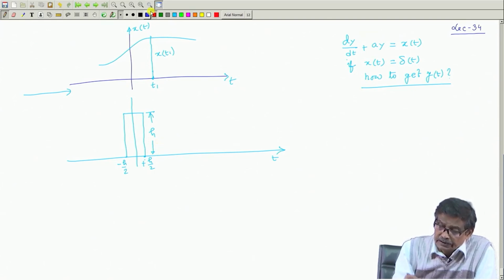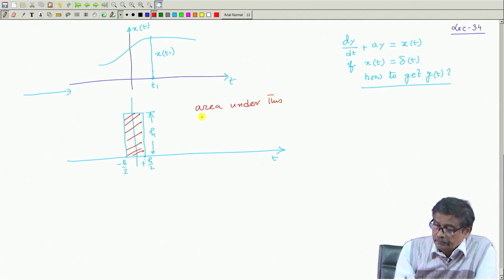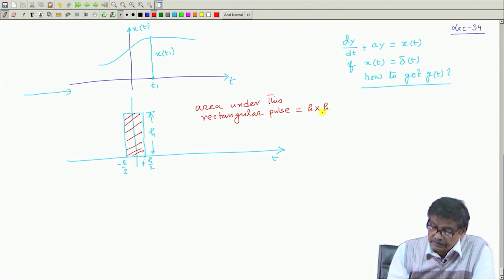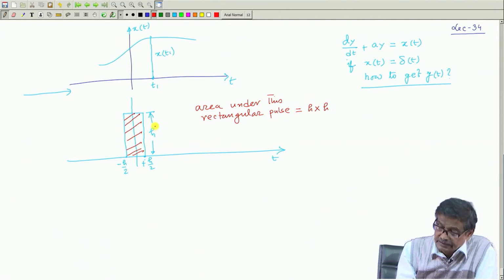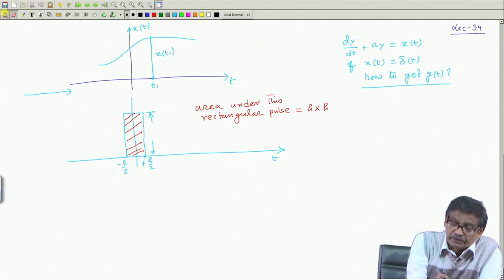Then I told you that the area under this rectangular pulse will be always equal to h into 1 by h. The height is, I am sorry, suppose you make it 1 by h.